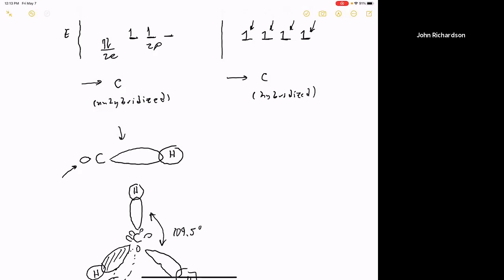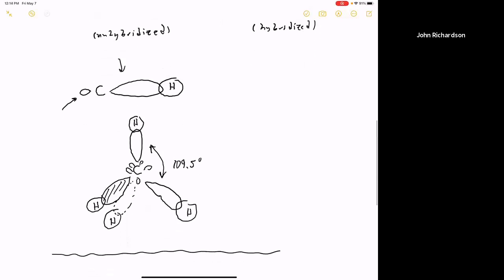Since I need to make four of those because I'm making four bonds, I can now arrange them in three-dimensional space as directed and required by VSEPR to get the 109.5 degree bond angle. That's the nice thing about hybrid orbitals: they all lie at the same energy, so I can arrange them in any way in three-dimensional space that I need to satisfy the requirements of VSEPR.